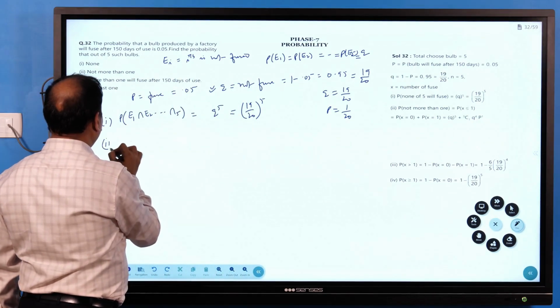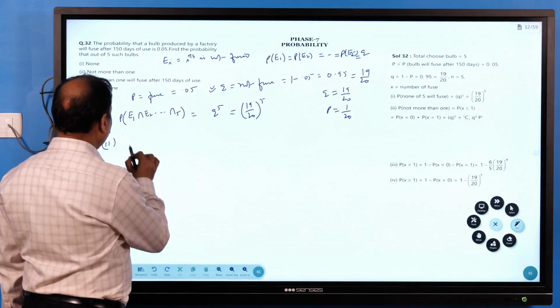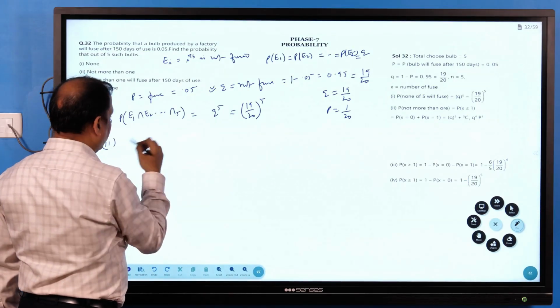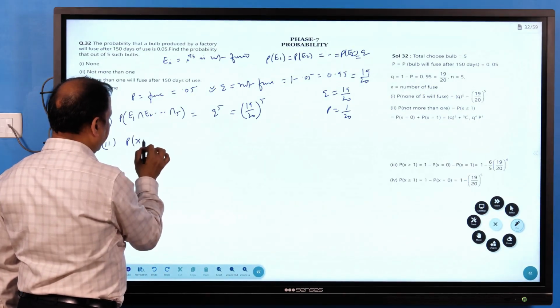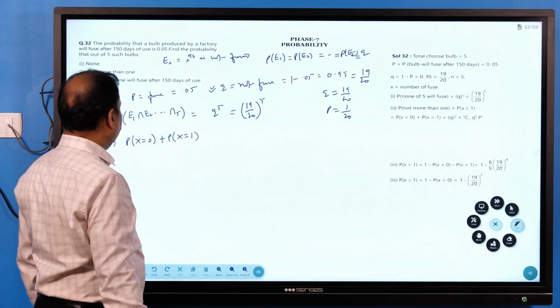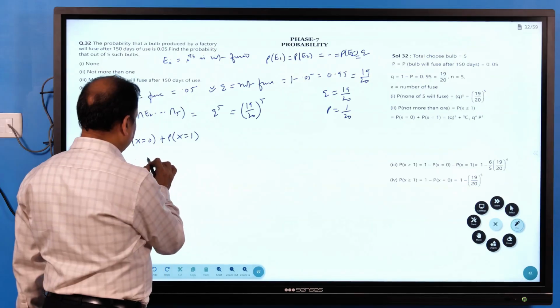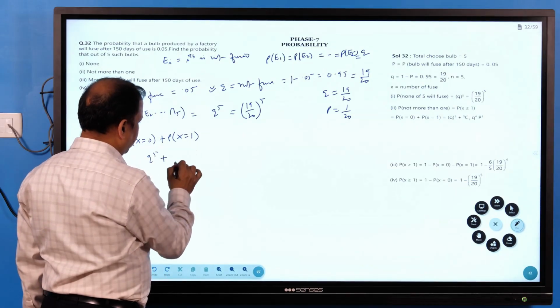Second is not more than 1. None will fuse, not more than 1 fuse. That means probability of X equal to 0 fusing or probability of X equal to 1 fusing. So 0 fusing we have already calculated. Probability of 1 fusing: so this is Q raised to power 5 plus probability of 1 fusing.